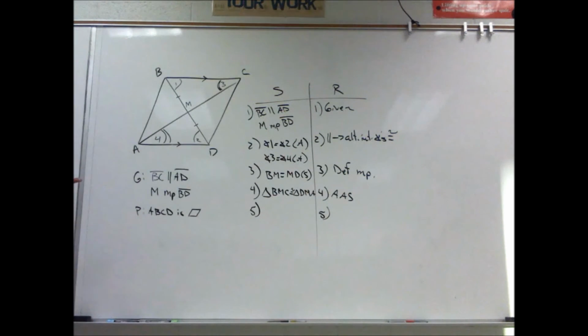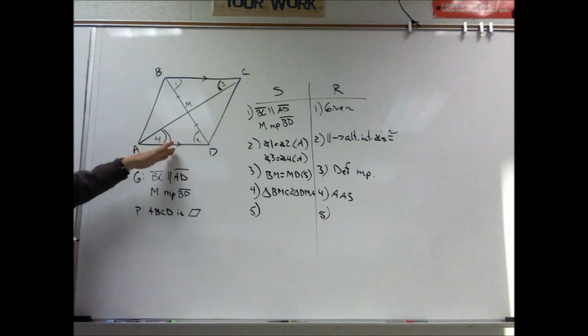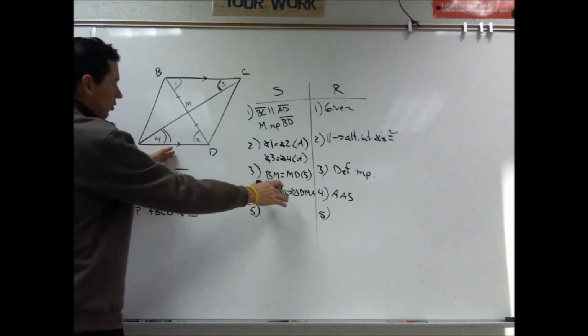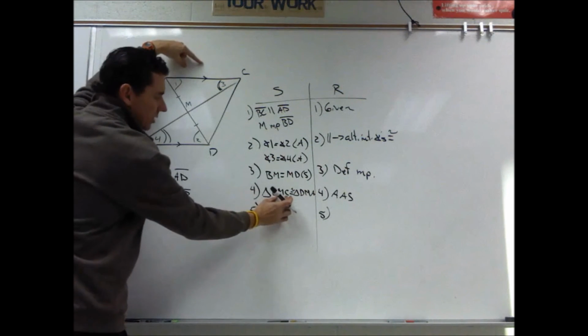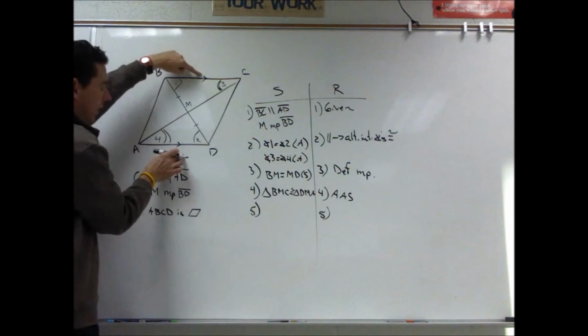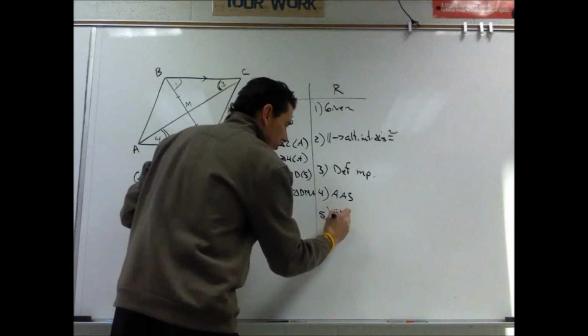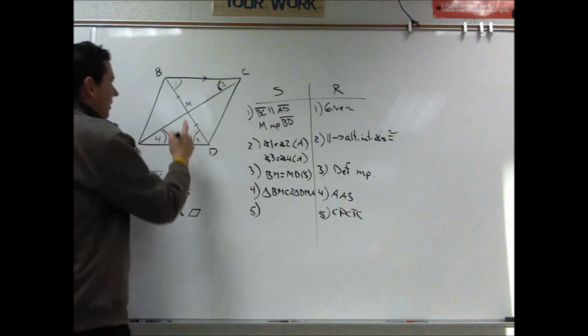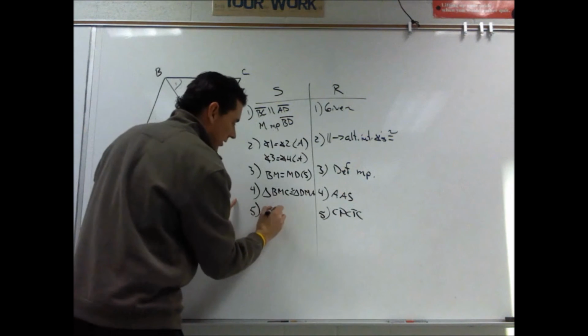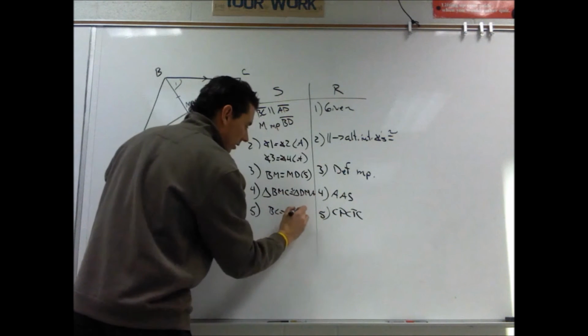Now I'm going to elect to pick getting this parallelogram by one pair of opposite sides congruent and parallel, because that seems the easiest right now. Because now that I have the triangles congruent, notice BC and DA correspond with one another. So when I use CPCTC, I can say, hey, segment BC is equal to segment DA.